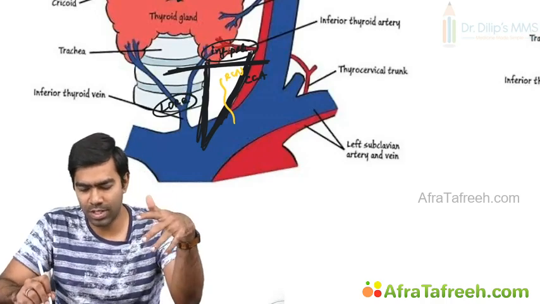So what is the difference between this and the Beahrs and Simon's triangle? This Lowe's triangle is one of the first triangles that was described to identify the recurrent laryngeal nerve. But the Beahrs and Simon's are more practical compared to the Lowe's triangle, because Lowe's is a little bigger.